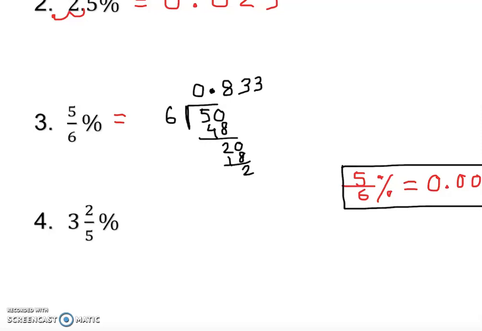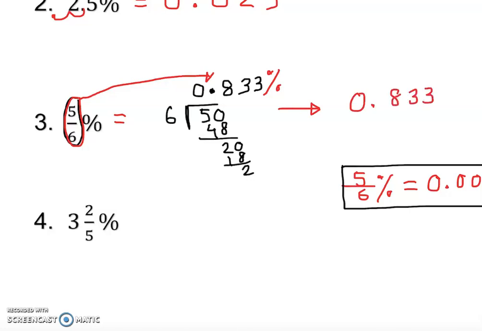So this is basically saying that instead of 5 over 6, I can actually put this down as a percentage. Once I can do that, I can have my answer. For example, 0.833 percent, you just move the decimal 2 to the left, 1, 2 to the left.